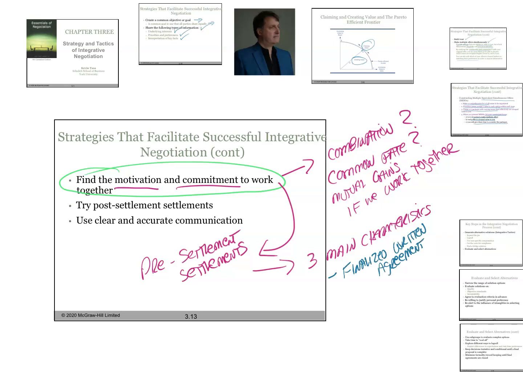So one of the things that might be in a pre-settlement settlement has to do with how long decisions might take to occur, or some of the smaller issues that are setting up the bigger negotiation, or it might have to do with time frames, or pauses that are taken, or a whole bunch of things that may have something to do with the process itself, or like I said, tackling the smaller issues before you get to the main negotiation.